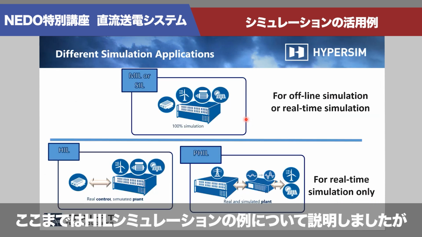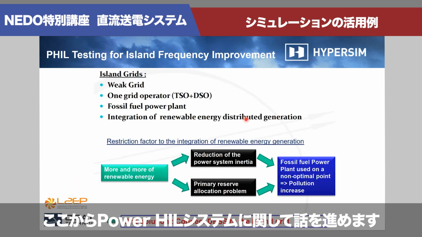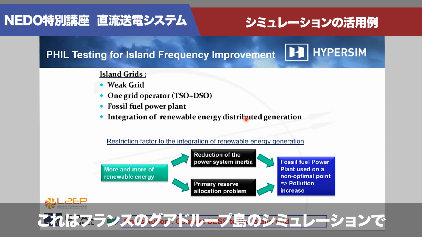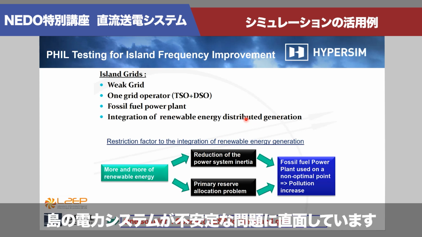So keep in mind, all the examples I said were HIL simulation, but now we'll move a bit to a power HIL system. Here we have an example coming from France. Simulation of the island of Guadeloupe, which is an island in France, and they are having a big problem because the system is unstable.